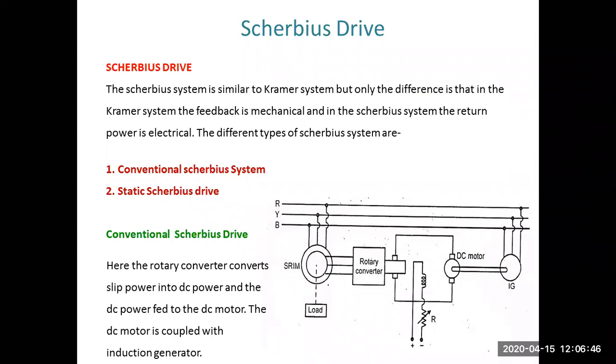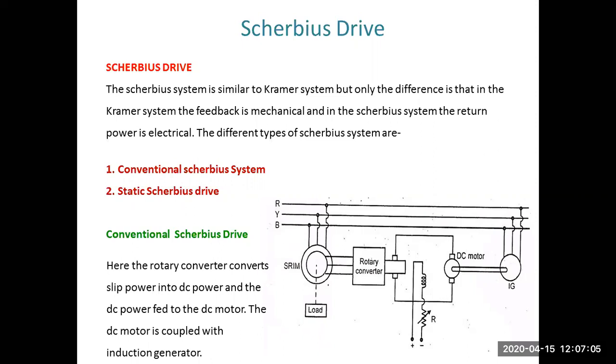Now we will discuss the conventional Scherbius system. This is the diagram showing you the conventional Scherbius system. The conventional Scherbius drive, as I have already discussed in the earlier slides, has two ways of recovering the slip power.